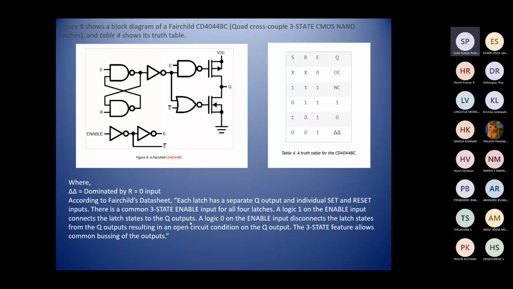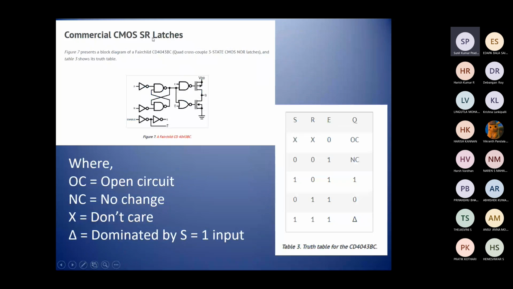Now the three-state feature allows the common busing of the outputs. So this is very important. You need to know what the commercial CMOS NAND latches are, and this is the CMOS NOR latches. How is this, and what is its truth table?